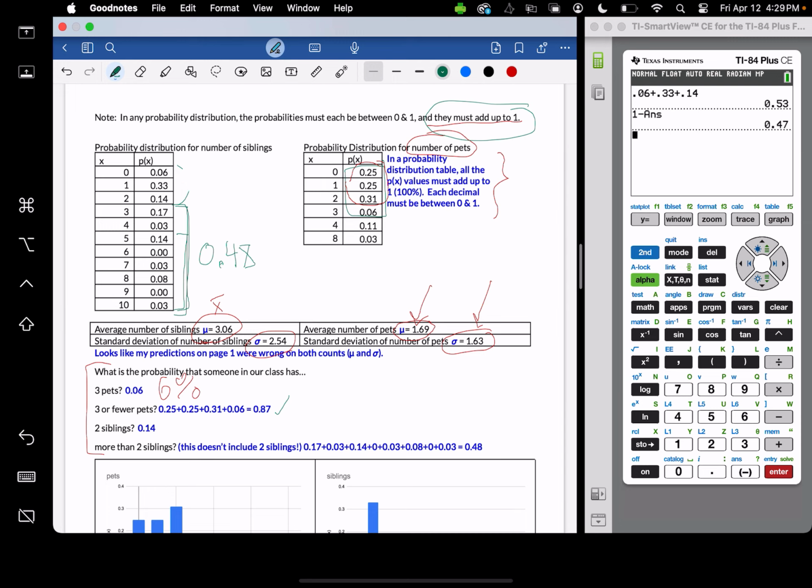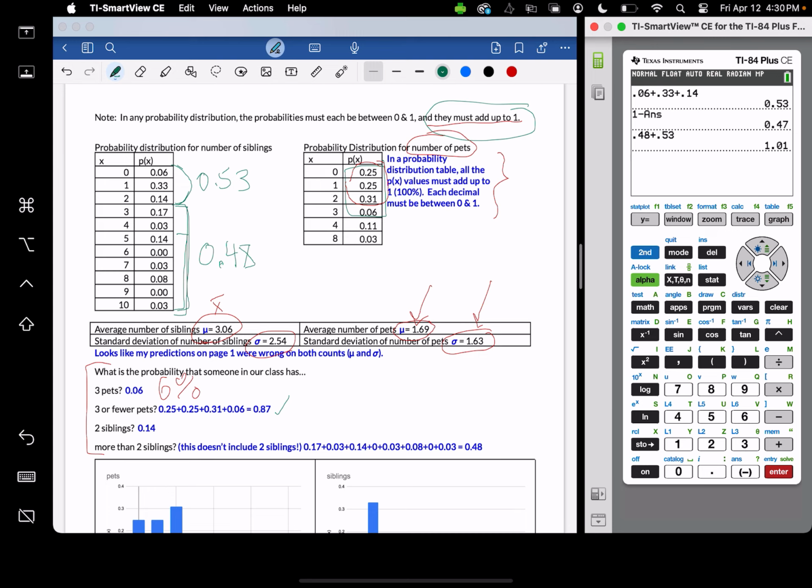Let me just clarify here. These three add up to 0.53, and these add up to 0.48. And I know that if you do 0.48 plus 0.53, you get 1.01. That is because somewhere along the way we rounded and some of the decimals got a little tweaked.